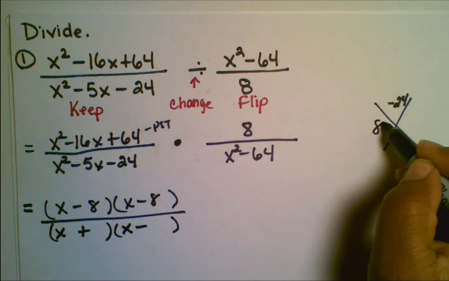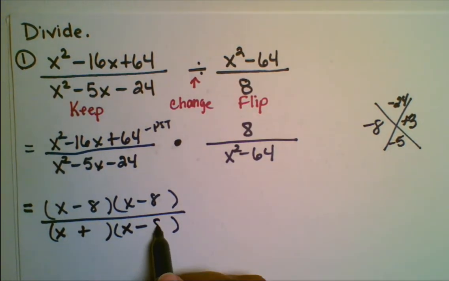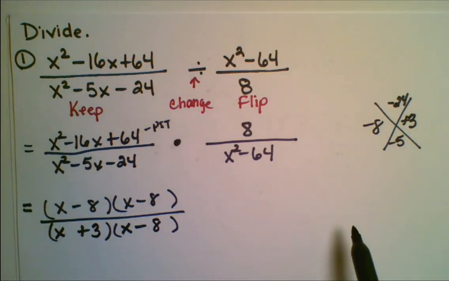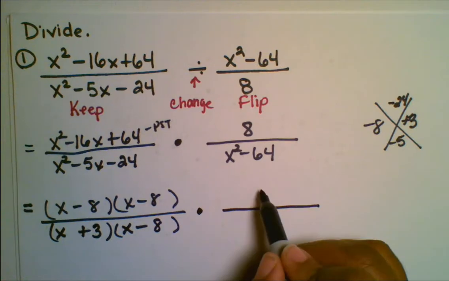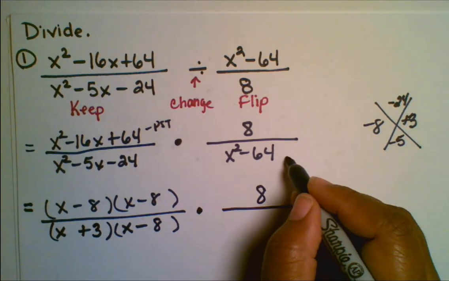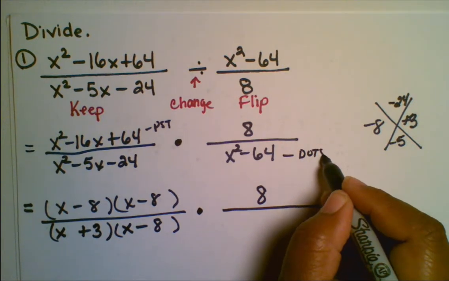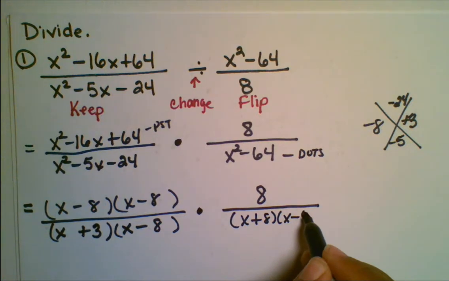So that would be a negative 8 and a positive 3, times, and let's look at the second fraction. 8 cannot be factored, but the x squared minus 64, that's the difference of two squares. We have x plus 8 times x minus 8.